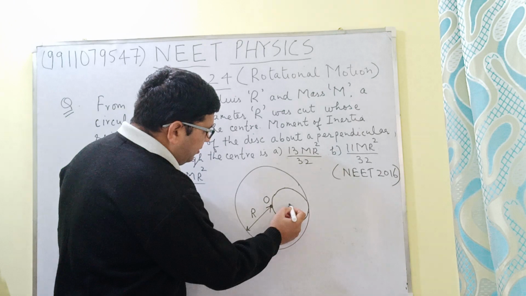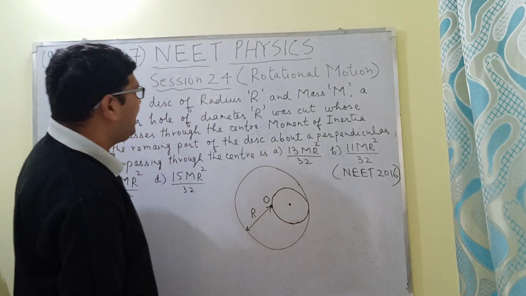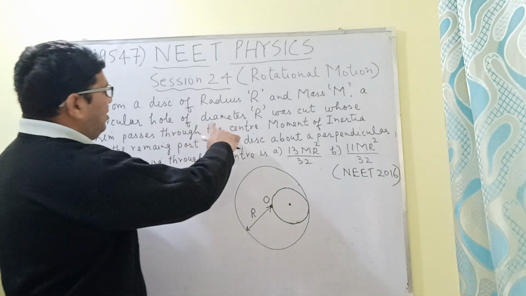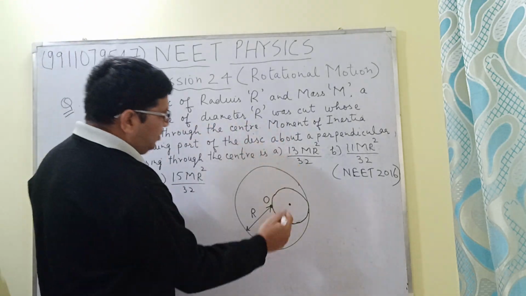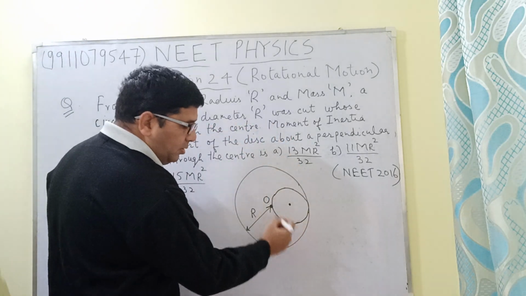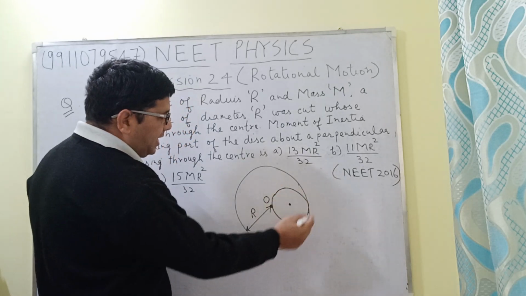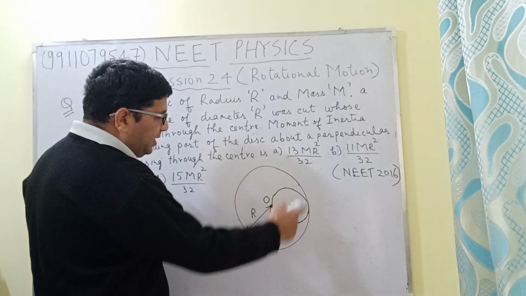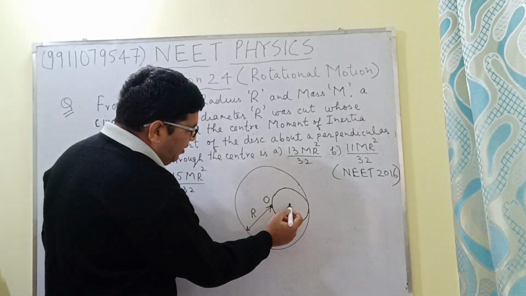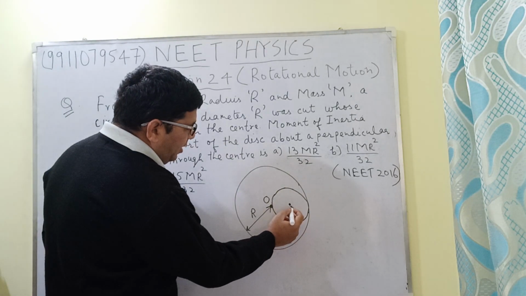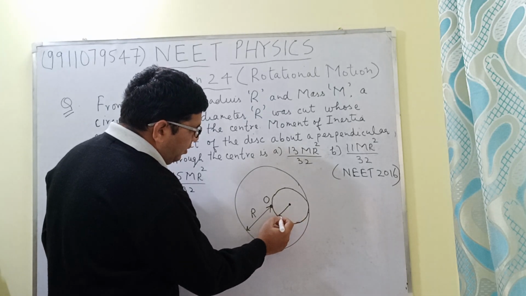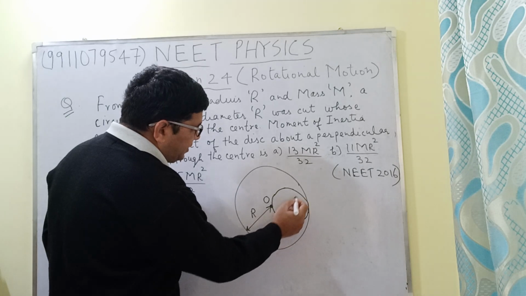So in the question it is given that the circular hole has diameter r. So the diameter of this hole, or you can say the disc which has been cut from the bigger disc, is r.